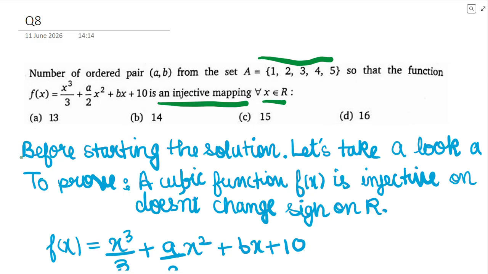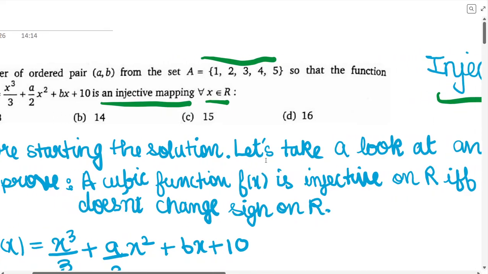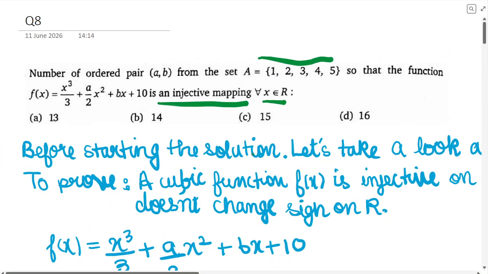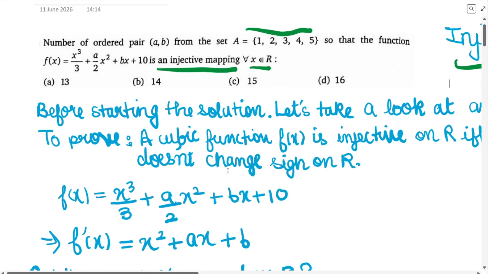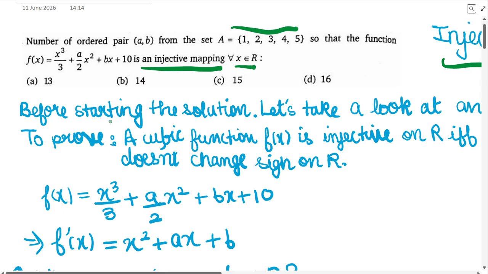So before starting the solution, let's take a look at an important property. We are not directly going to solve the question, but we need to look at the property which is getting applied here, for those who don't know about it.